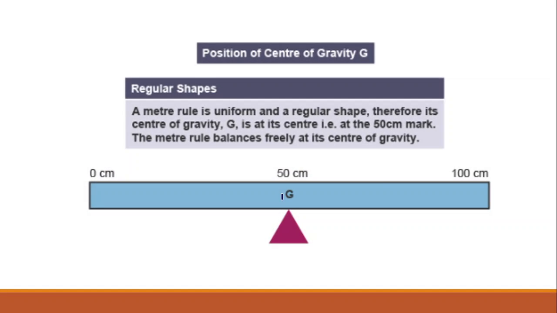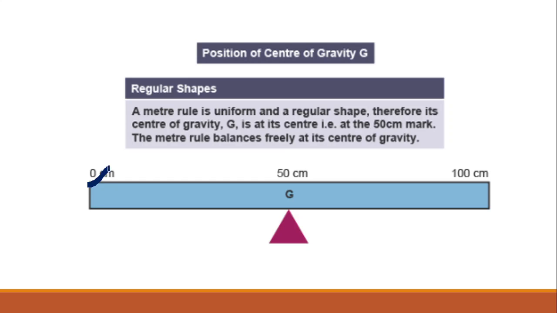Okay. So now we are going to go through some examples of shapes on which their center of mass is being balanced. If you think about this meter rule that we have already discussed, the center of mass of this meter rule is at the 50 centimeter mark. So that is where it will be balanced, and a meter rule is a uniform and regular shape.